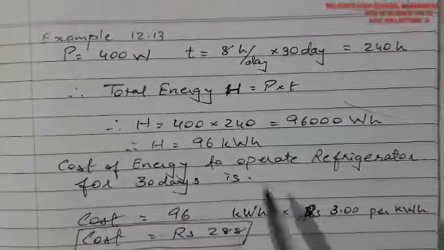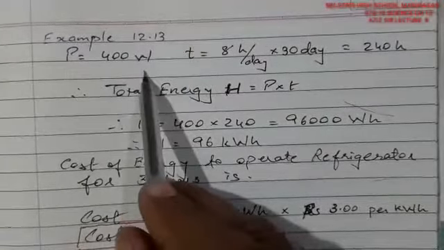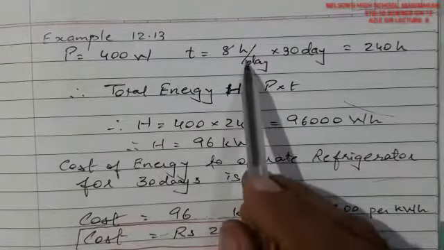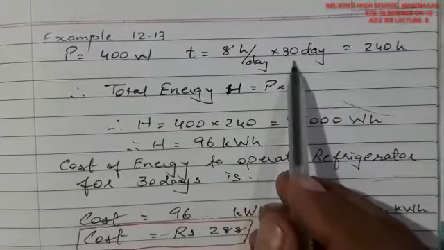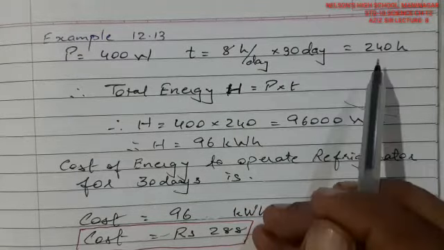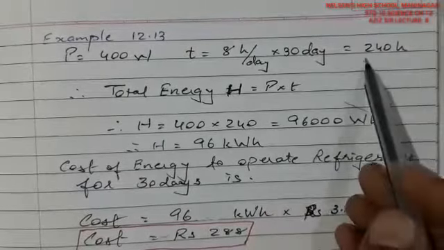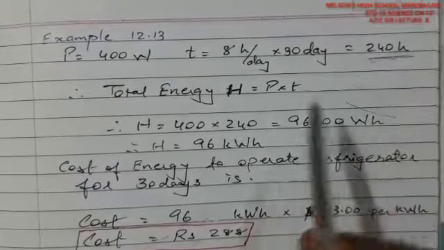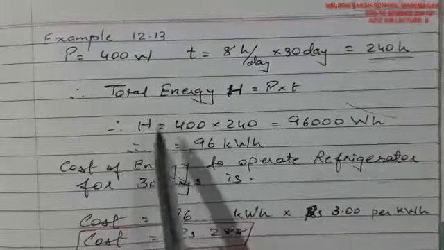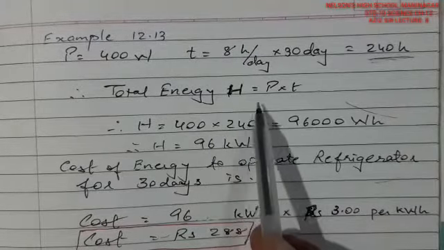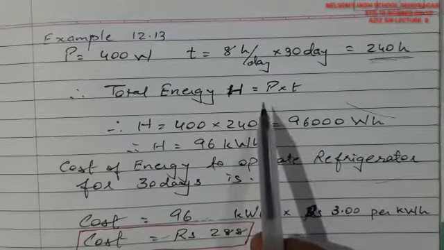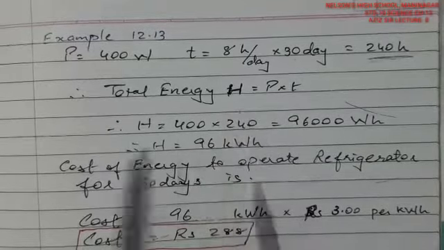So first of all, power consumption is 400 watts. The time period is 8 hours per day multiplied by 30 days. So the total number of hours for the entire month is 240. So total energy is equal to P into T, because P is equal to H by T, that we know.